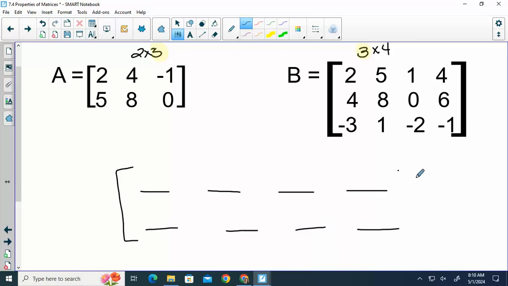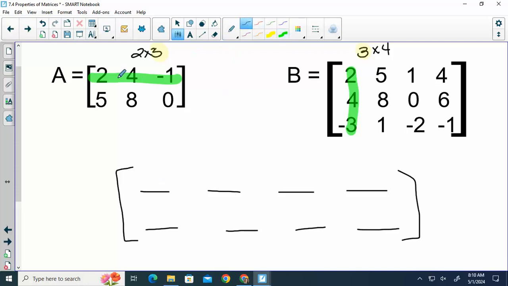All right. When we do this, take a row times a column. So if I'm taking row 1 times column 1, that will give me the number in row 1, column 1.